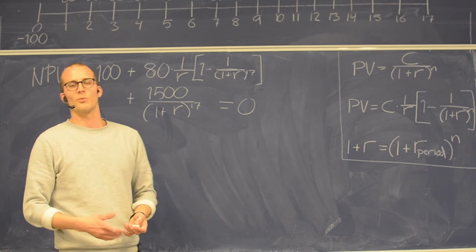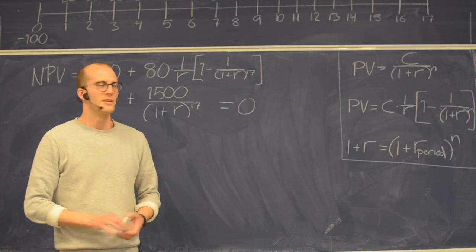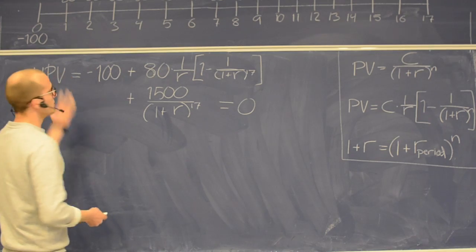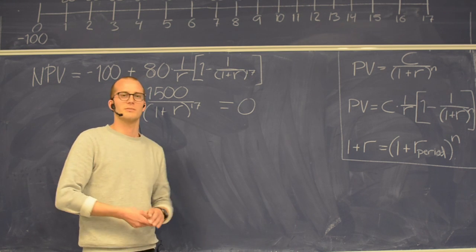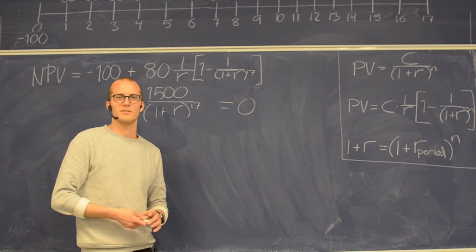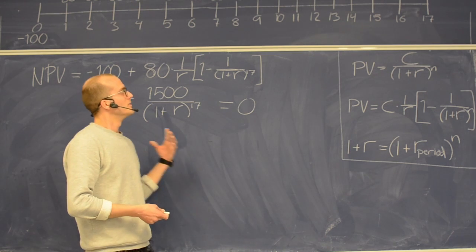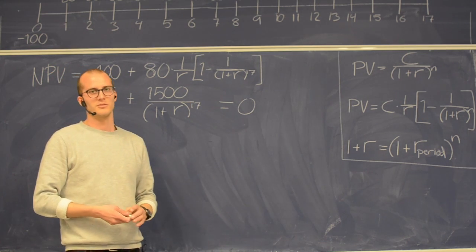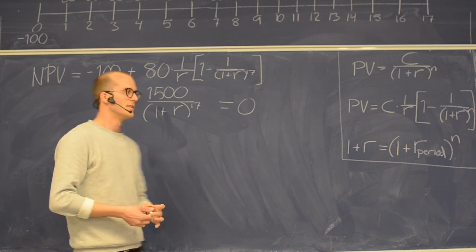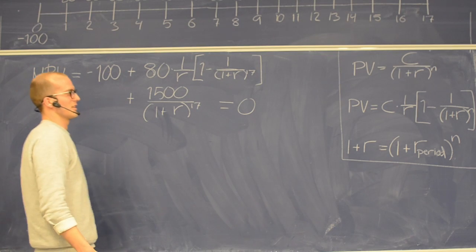And in 17 years we also receive the 1500. So in order for this net present value to be 0, we have to use a very high interest rate. So let's start with something extreme.